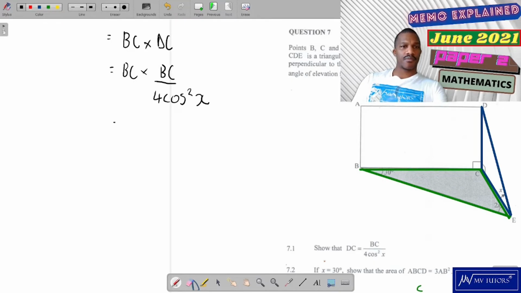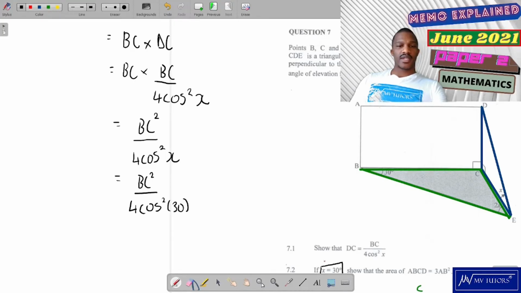And then here, BC times BC, that is just BC squared divided by 4 cos squared x. But now they told us that x is 30 degrees. So let's substitute 30 for x, so that we will have BC squared over 4 cos squared, and x is 30.